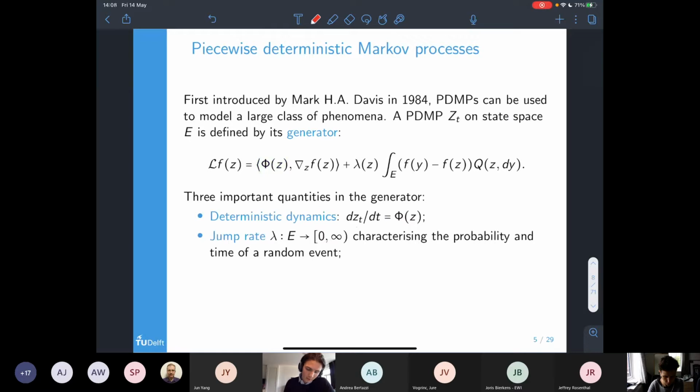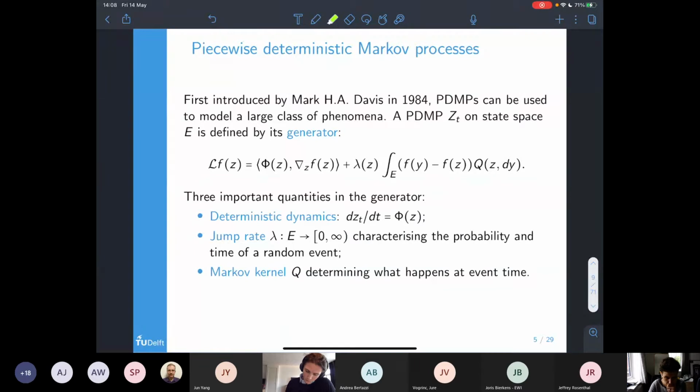A second important ingredient is this lambda here. Lambda we can call the jump rate or switching rate; I will call it in different ways throughout the talk. This is what characterizes the probability of having a random event, and also the time of such an event.